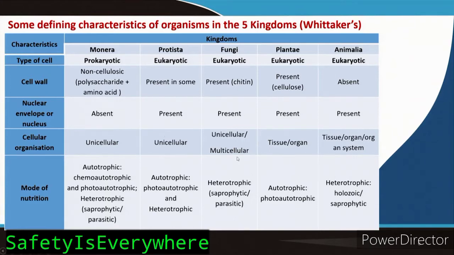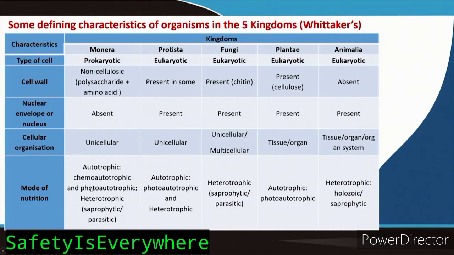So if you have yeast cells, if you have mold, some molds are unicellular, some are multicellular, and mushrooms are examples of multicellular fungi. Plants have tissues and organs, and so will animals. So these are higher organisms which we are not going to be dealing with, but it's important to remember that they exist. And then we have a mode of nutrition.